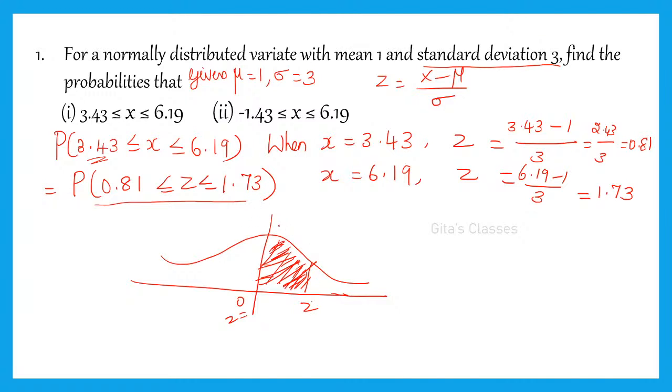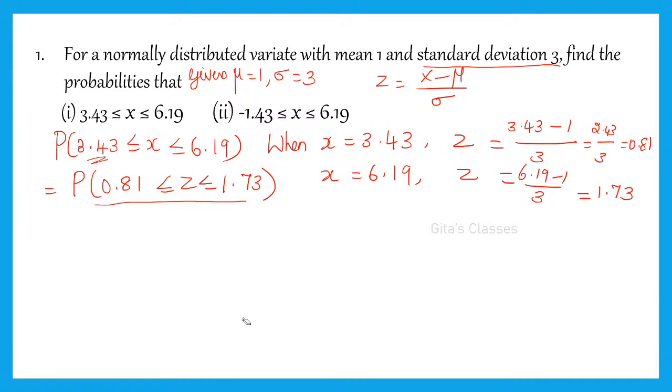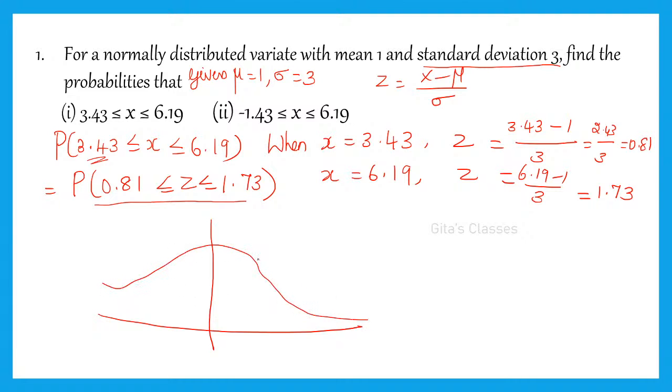Whatever area is given, we have to express in terms of this area. Now, probability of 0.81 ≤ z ≤ 1.73. Left hand side is negative, right hand side is positive. Whenever you have a negative value, you enter it on the left hand side; whenever you have positive values, you enter them on the right hand side.